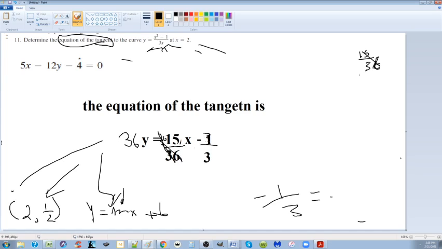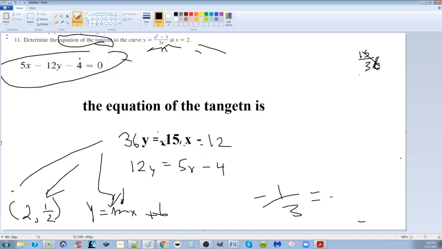When I multiply this by 36, 36 divided by 3 is 12, minus 12. Okay, so I'm left with 36y is equal to 15x minus 12. Notice that they're all divisible by 3. So I'm left with 12y is equal to 5x minus 4.